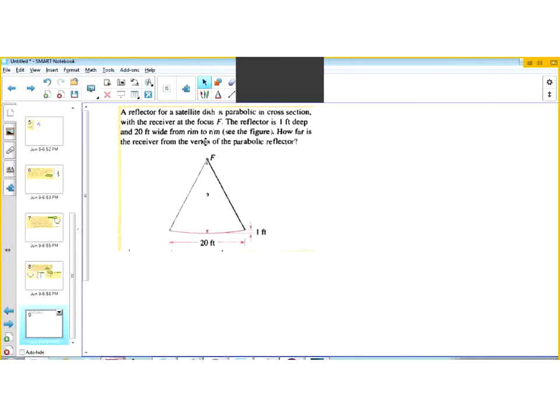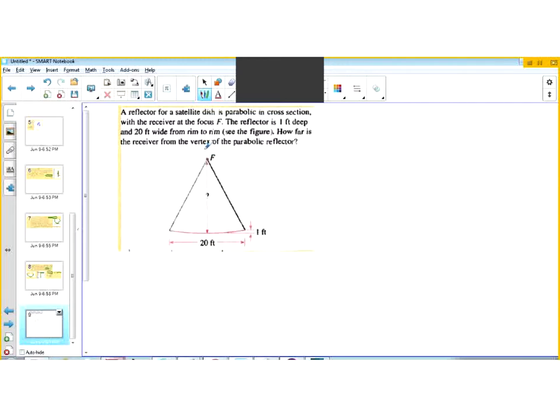Okay, so a reflector for a satellite dish is parabolic in cross-section with the receiver at the focus right here. The reflector is 1 foot deep and 20 feet wide from rim to rim. How far is the receiver from the vertex of the parabolic reflector?